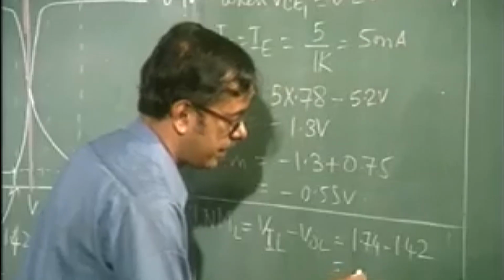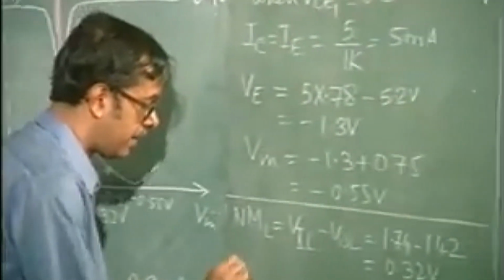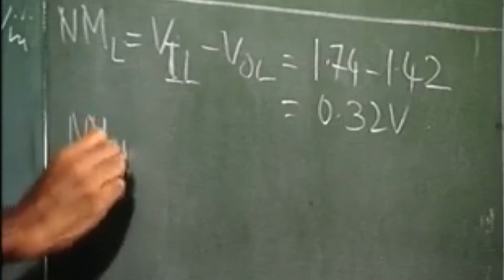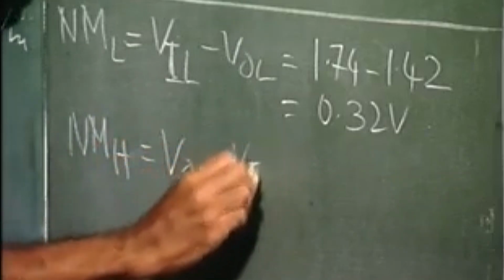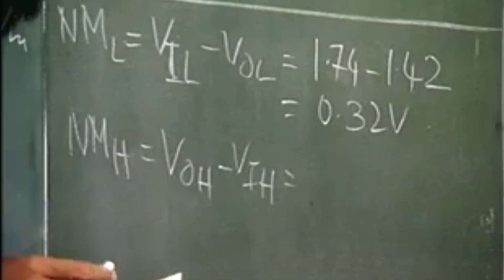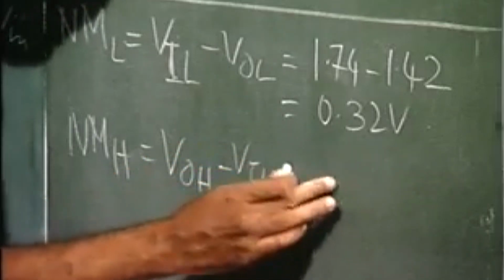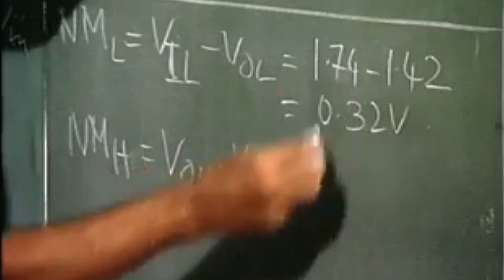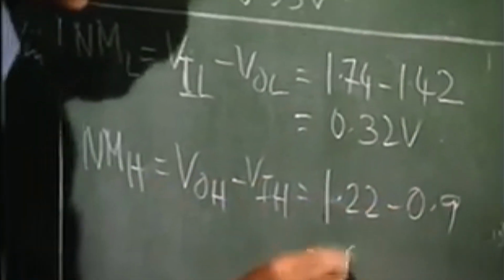So, this is 0.32, and noise margin high is equal to VOH minus VIH, which is equal to the difference of 1.22 and 0.9. So, this is again 0.32 volts.